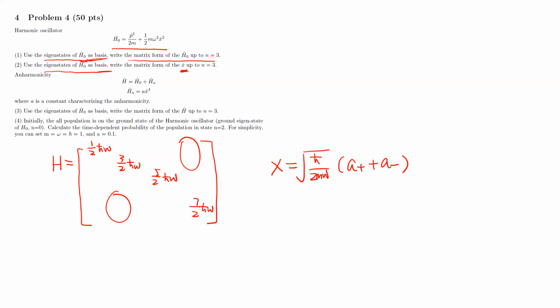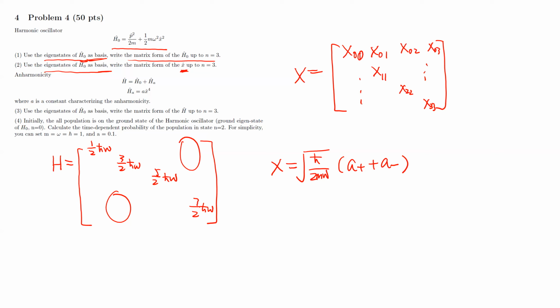In this case, let's expand this X operator. Its terms are X0,0, X1,1, X2,2, X3,3 on the diagonal, and also X0,1, X0,2, X0,3, and so on.